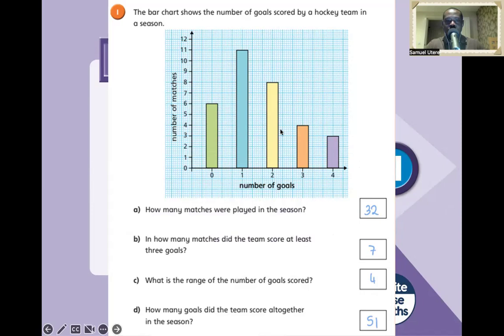The way to do that, you can say, for example, for this one, the number of matches where they scored 4 goals, there are 3, so it has to be 3 times 4, right? So if they play 3 matches and in each of the matches they scored 4 goals, altogether they scored 12 goals.